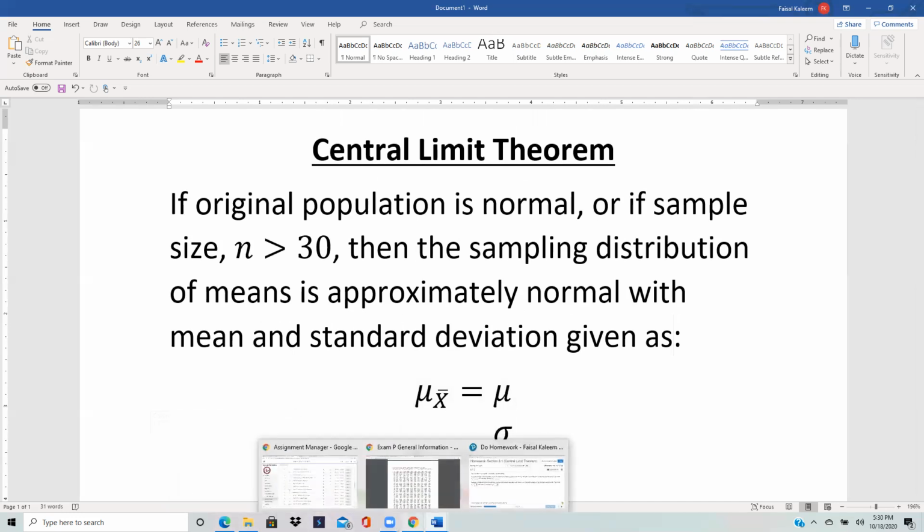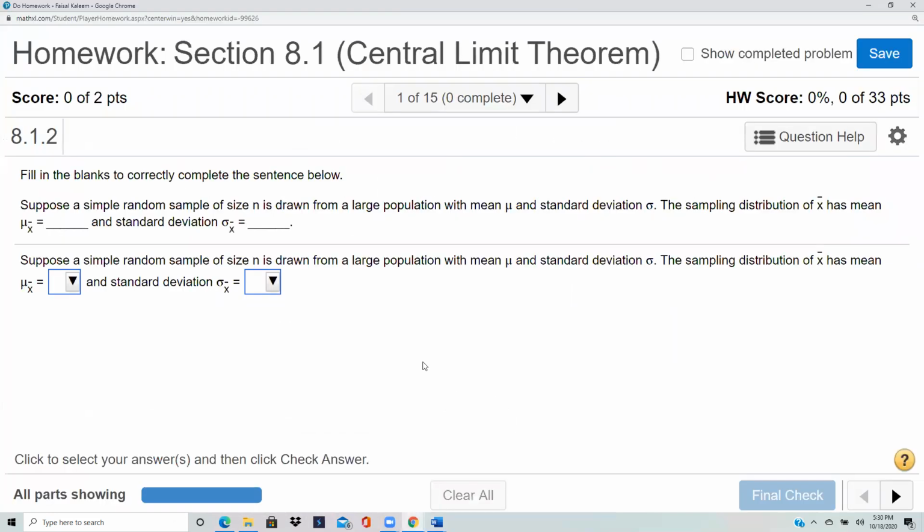The problem says, suppose a simple random sample of size n is drawn from a large population with mean mu and standard deviation sigma. The sampling distribution of x bar has mean mu x bar, which we just said is just mu, and sigma x bar is sigma over the square root of n.